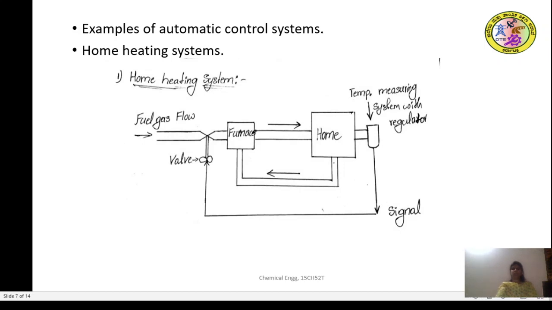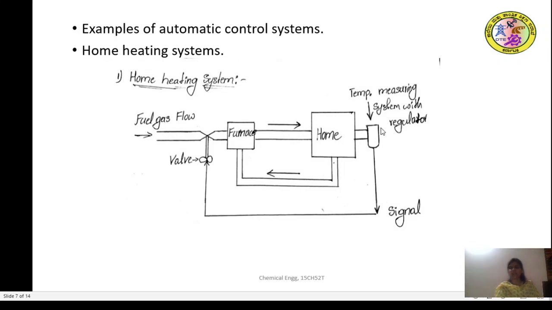The temperature of the room is measured by an instrument and it is set for the desired value. It measures the temperature of the home, which is being heated by the fuel gas, and the fuel gas is in turn burned by the furnace to provide the hot air or steam. So the temperature measured by the temperature measuring instruments is compared with the set point.